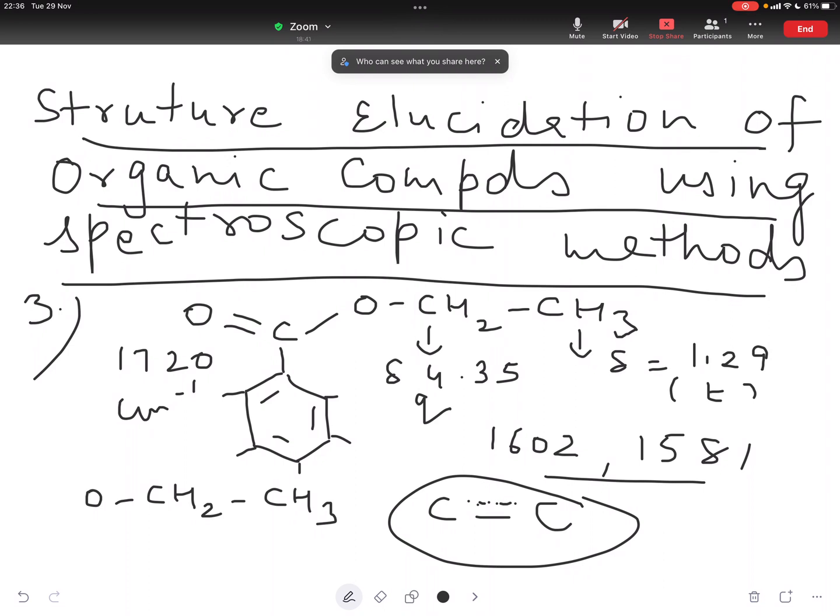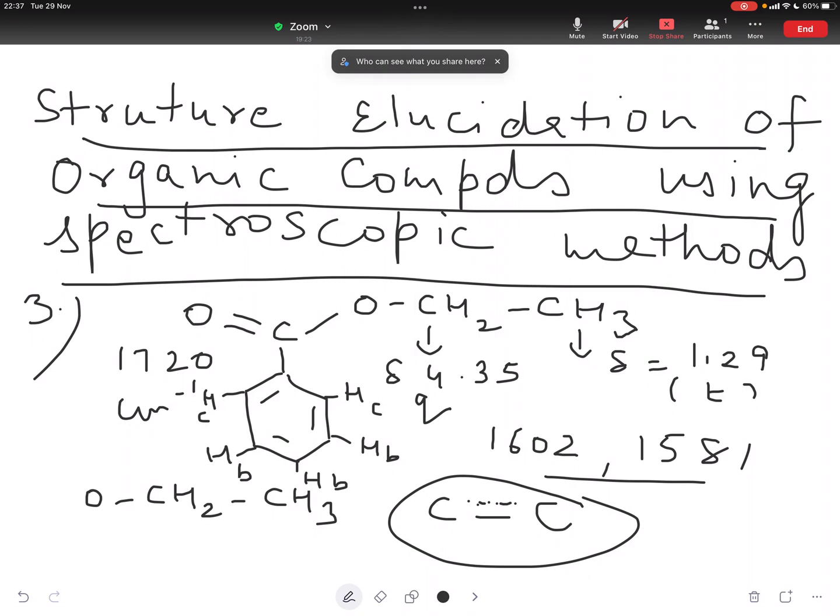And in the aromatic region we get 2 types of protons. Two separate downfield multiplets which are located at 7.40 and 8.81.